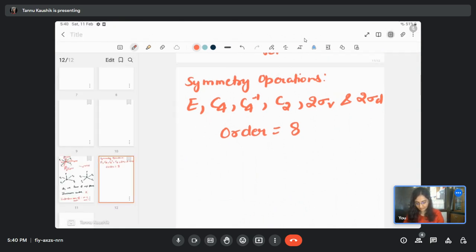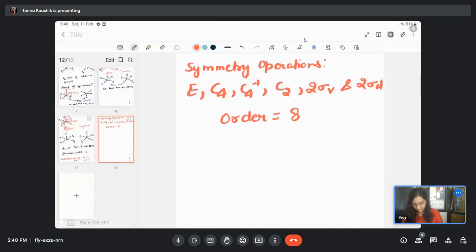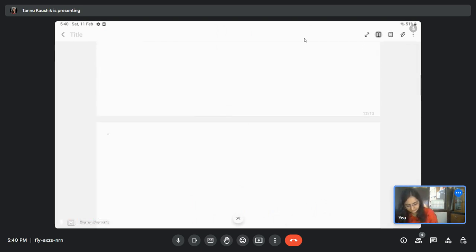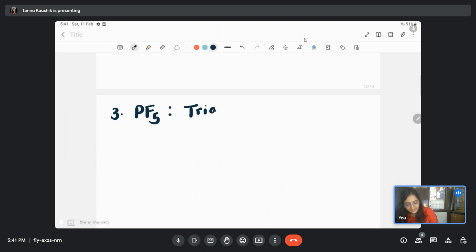So the next molecule is PF5. It has trigonal bipyramidal geometry.